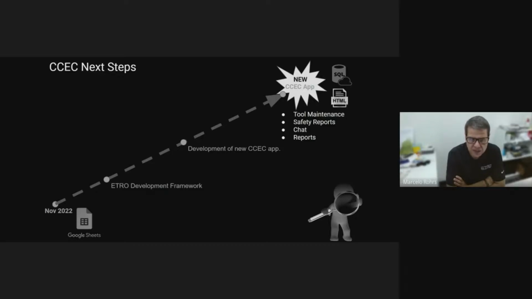And as soon as that is defined, we are going to start upgrading our application to a new version with maybe SQL at the end and HTML pages, and you will see a way faster application. Okay, and we are also going to add new functionality such as tool maintenance, safety reports, get the chat better, and some reports so Kyle and management can have more information about the tools and the habit that we use them.